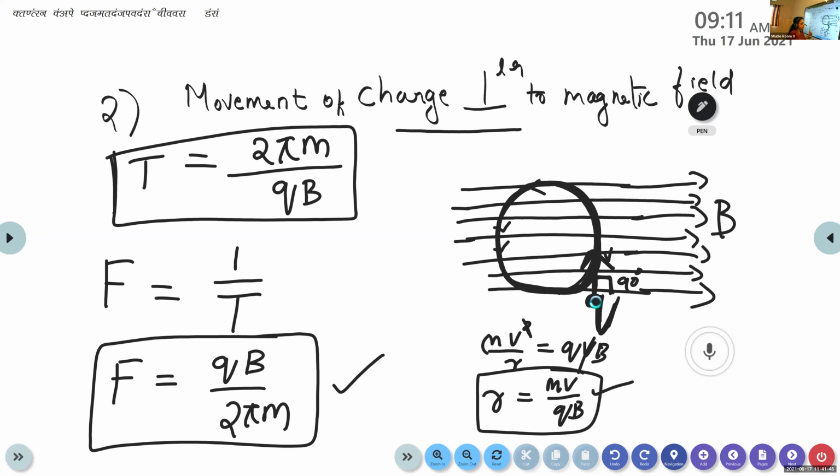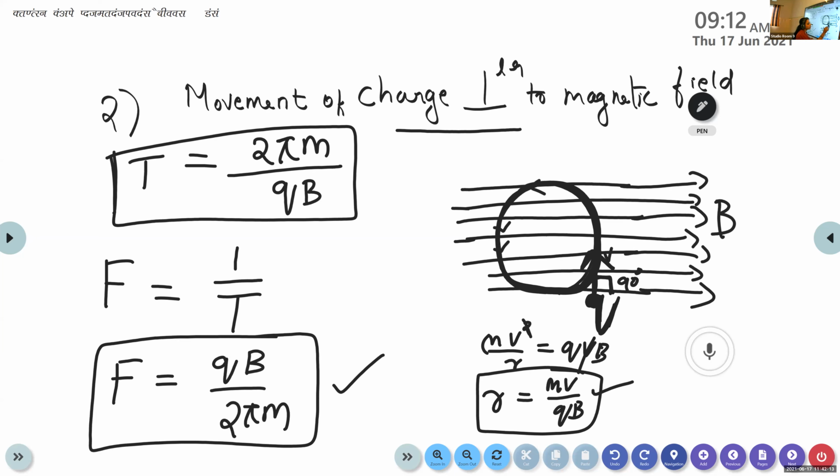The force is exerted on the charged particle by the magnetic field, right? That force is given by F = q(v × B). And here we can write F = qvB sin theta, and here theta is equal to 90 degrees. So we can write F = qvB. So due to this force, what happens?